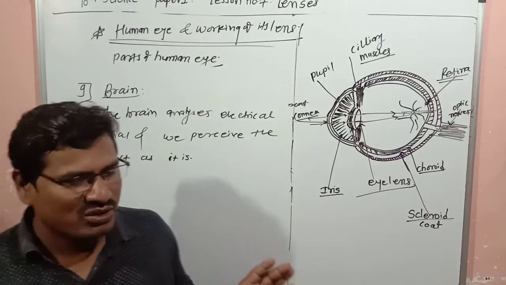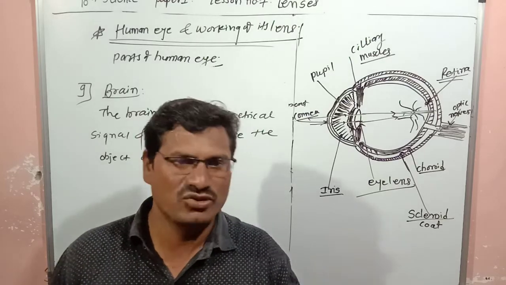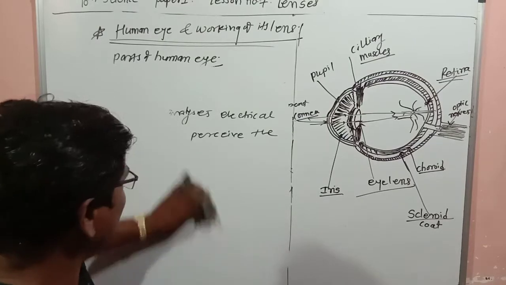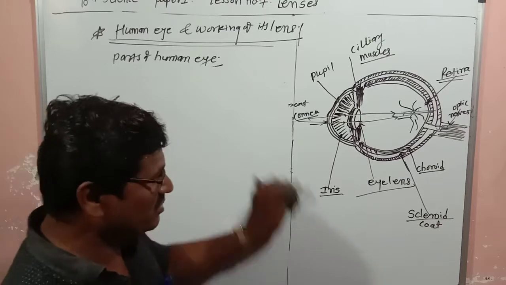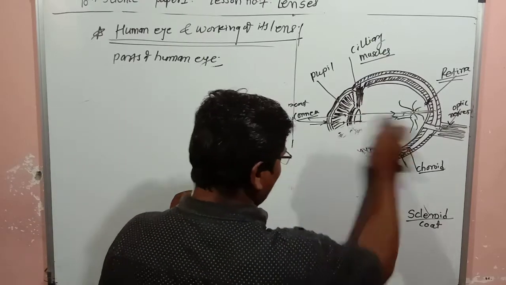So next part we are going to study is how the lens does the adjustment. While looking at a distant object and while looking at a nearby object, what happens to the lens, that we will see. This diagram also you have to draw. I will rub this one.